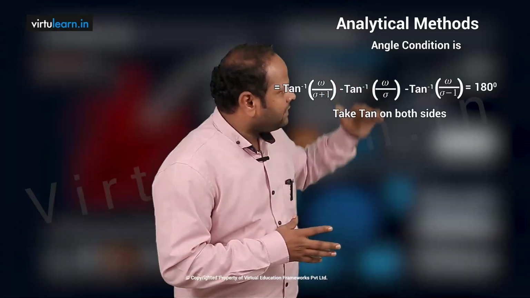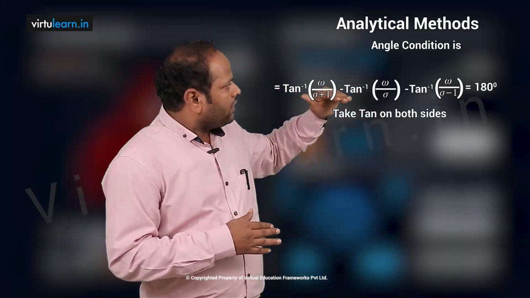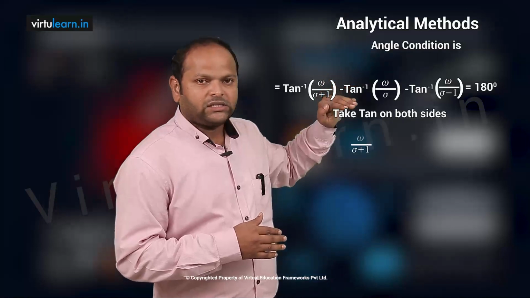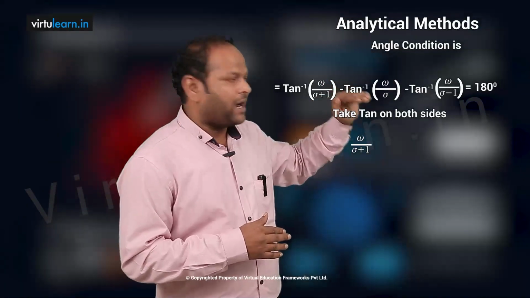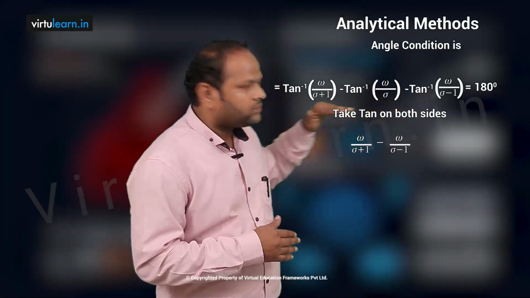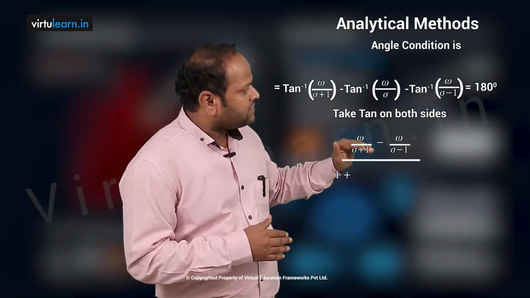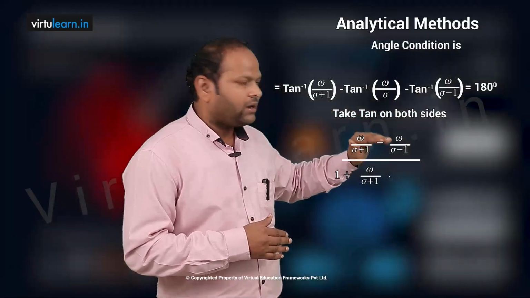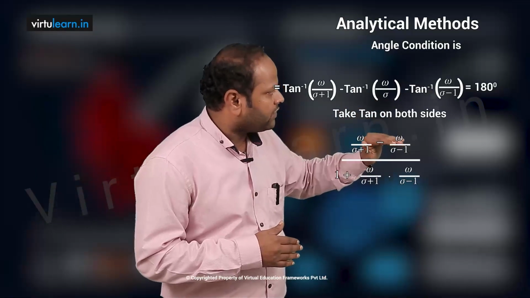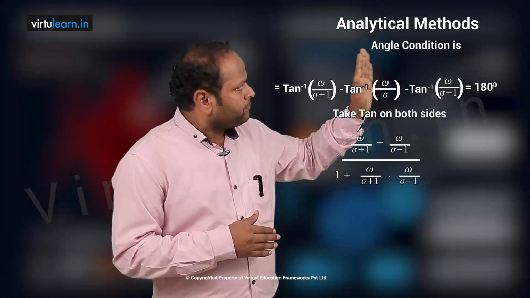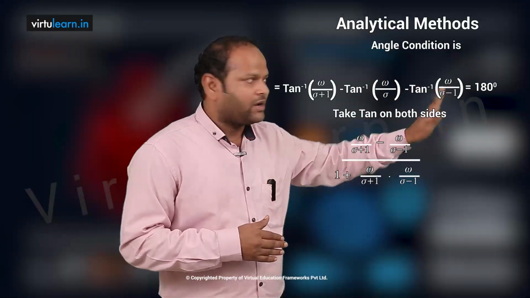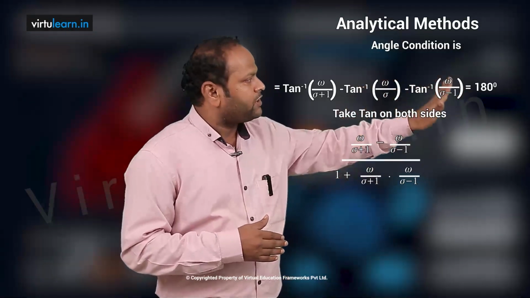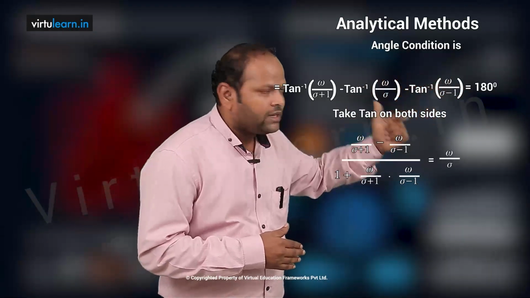So what will be the resultant? You will get omega by sigma plus 1 minus omega by sigma minus 1, over 1 plus omega by sigma plus 1 into omega by sigma minus 1. If I take that minus omega by sigma to the other side, because the right side is 0, this minus becomes plus, and you will be getting omega by sigma.